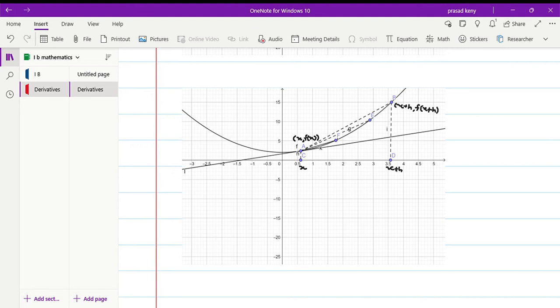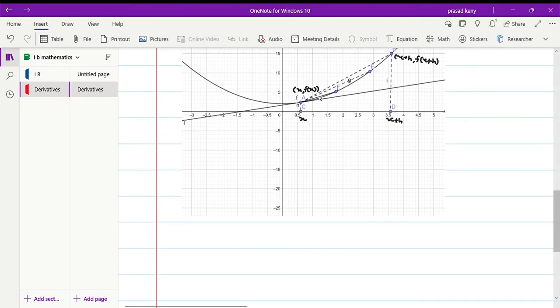That means it is not actually becoming 0, but very, very small. In that case, points A and B will come so close to each other. That means the chord AB will now become as good as a tangent. What is a tangent? It is a line that will touch the curve in one point. So when point A and B will merge with each other, the chord will tend to become a tangent.